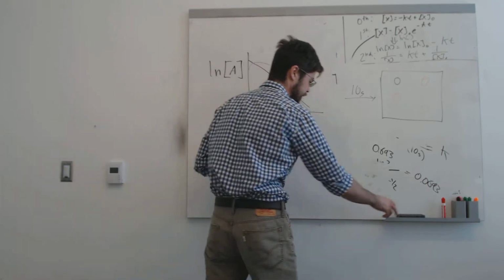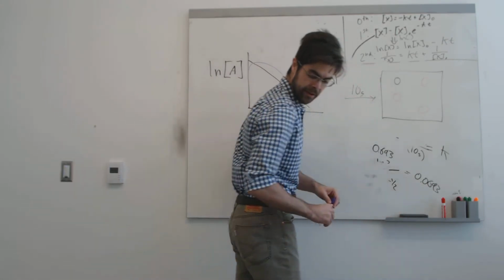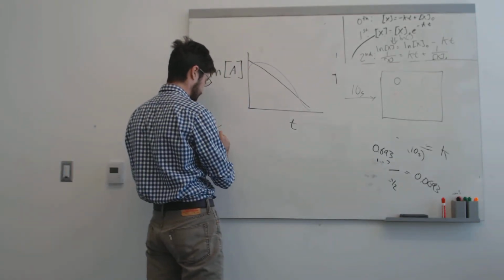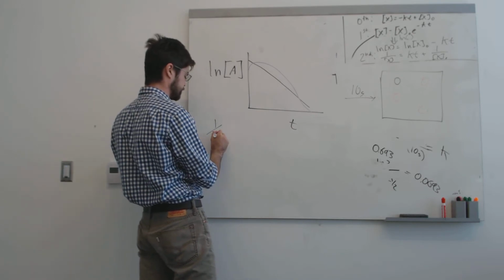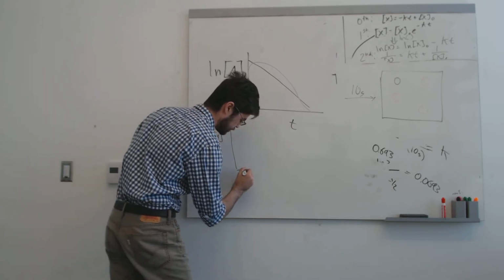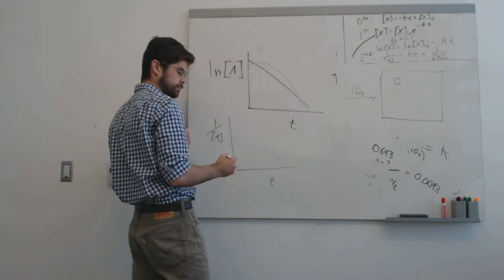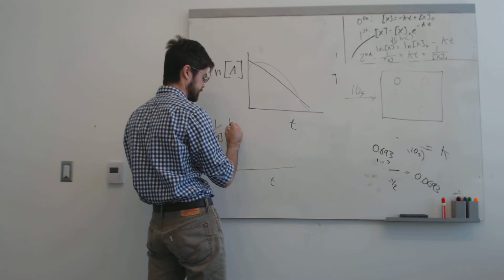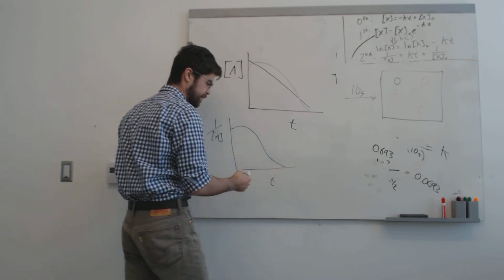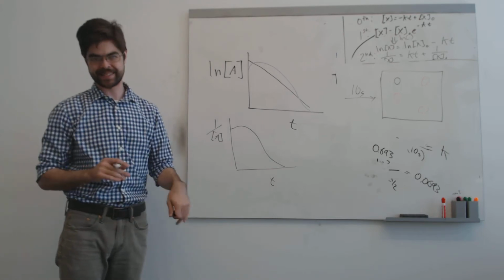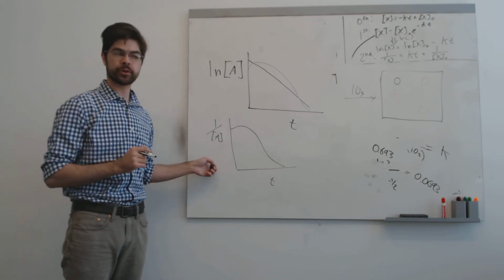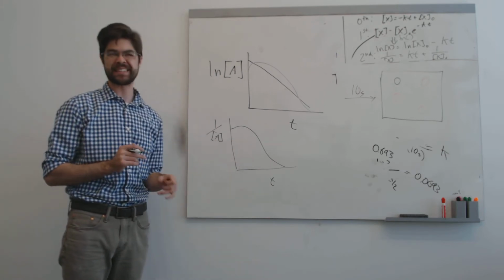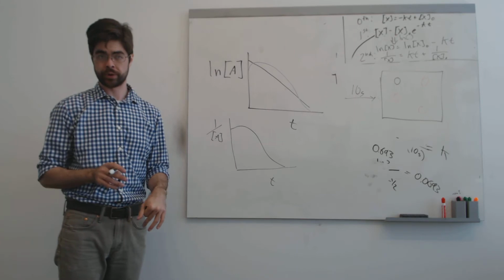So if you plot 1 over concentration versus time, and you get, I don't know, a curve that looks like that, then that implies that it is not second order. You can't say, just by looking at this, if it's zeroth order or first order, but you can definitely say that it is not second order.